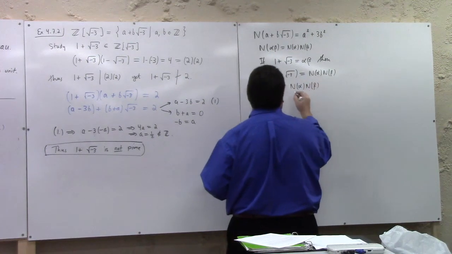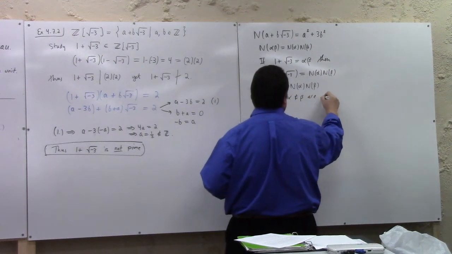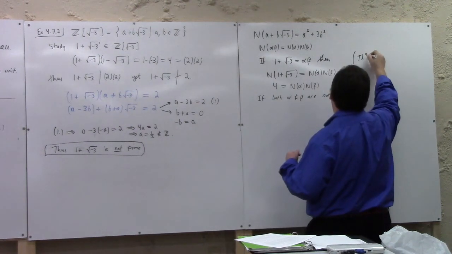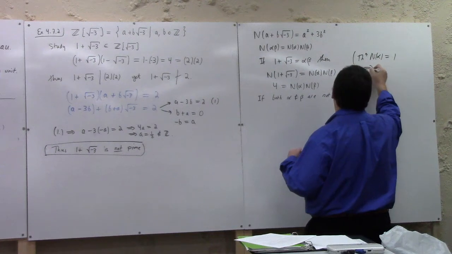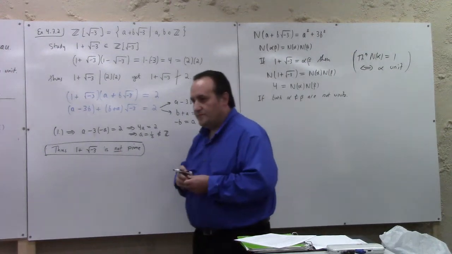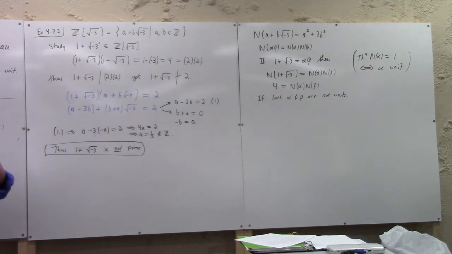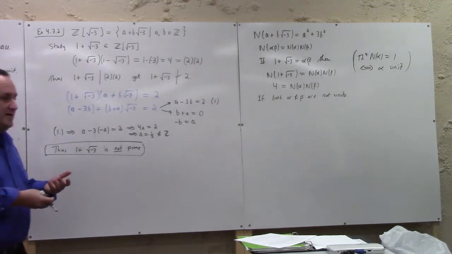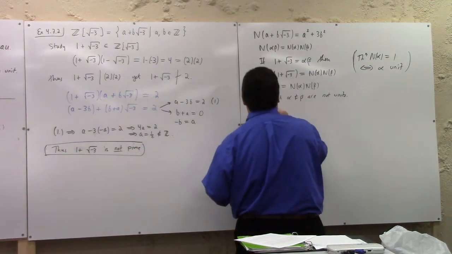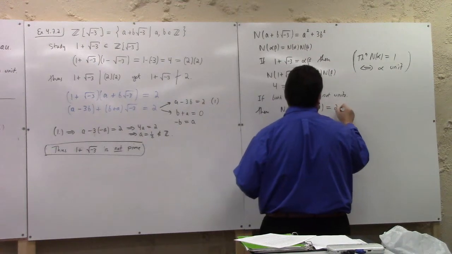So if both alpha and beta are not units, by the way, theorem: N(alpha) equals 1 if and only if alpha is a unit. That theorem is still true. So if alpha and beta are both non-units, and we got that they're a product of integers N(alpha), N(beta), we are forced to 2 and 2, which means alpha and beta have equal norms.